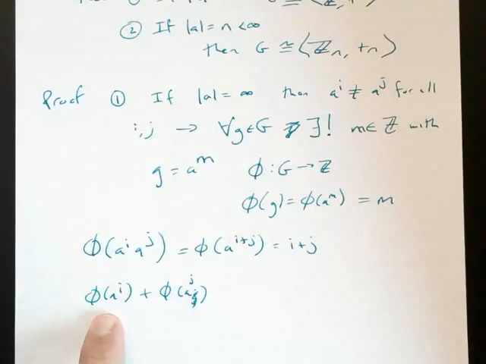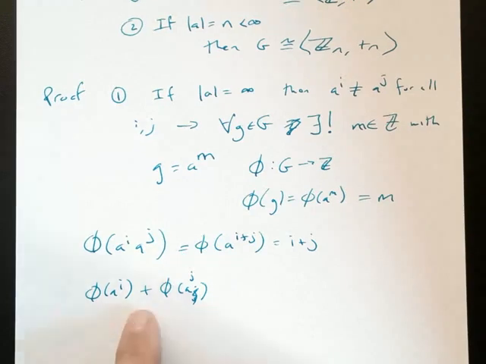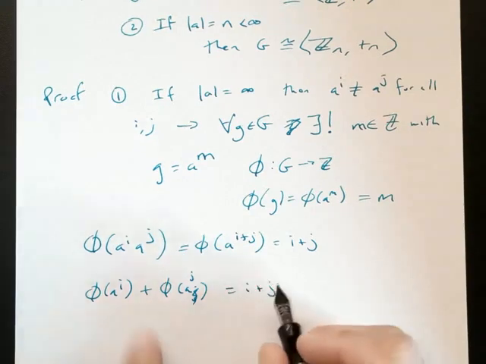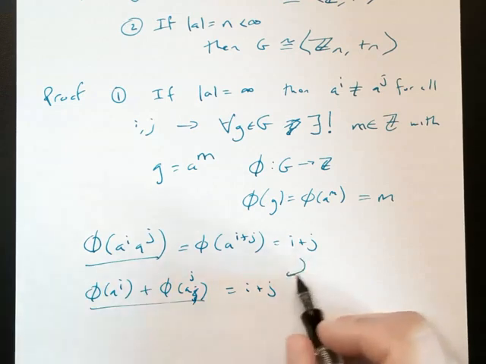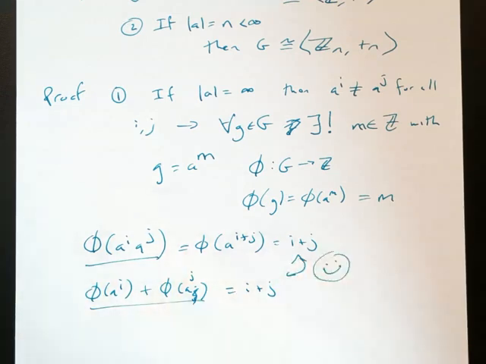What's phi of a^i? What's phi of a^j? Yeah. But I'm adding those. So whether you multiply first or do the function first and then add, you get the same. We preserve our operation. Phi is an isomorphism. One-to-one, it's onto, and it saves our operation.